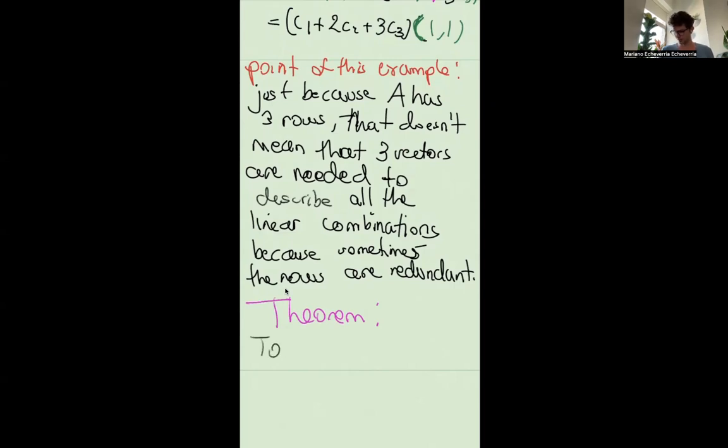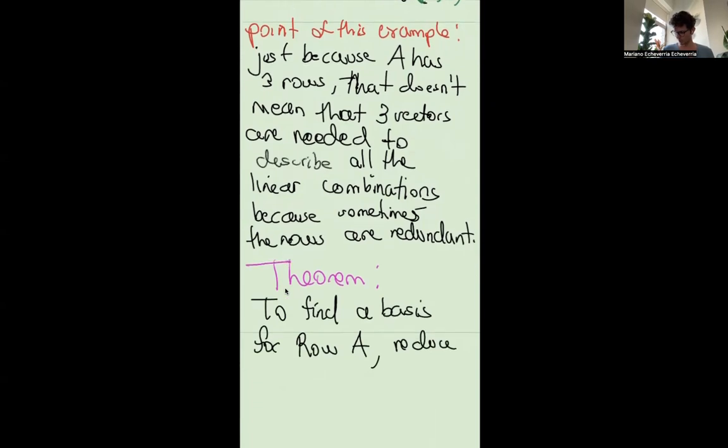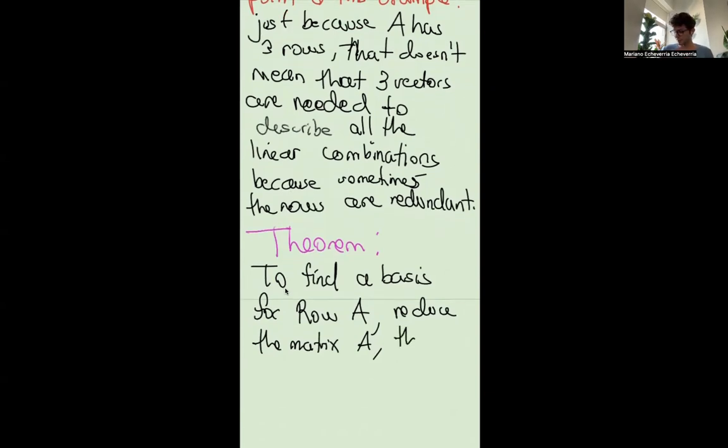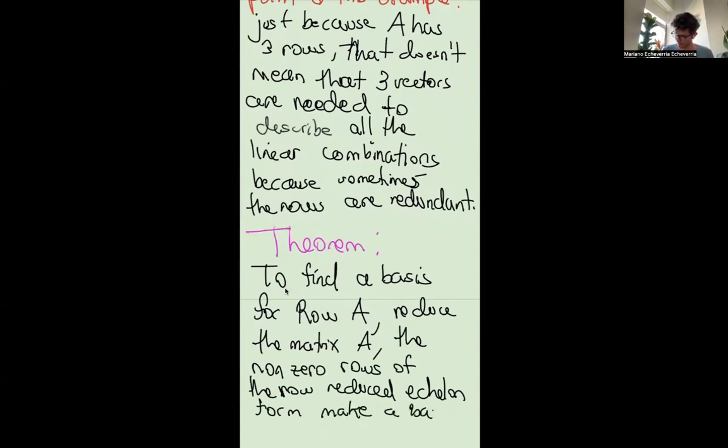So to find a basis for row of A, reduce the matrix A, and the non-zero rows form the basis for row of A. The non-zero rows of the row reduced echelon form make a basis for row of A.